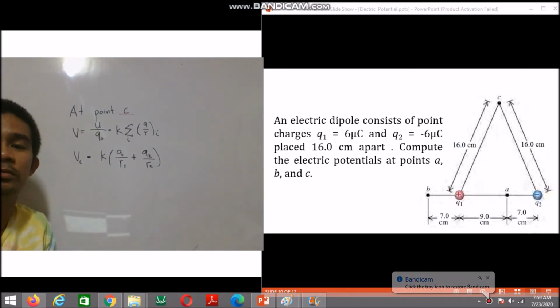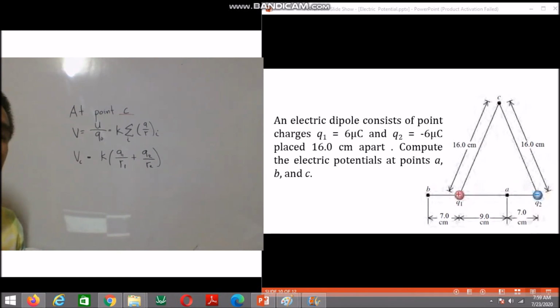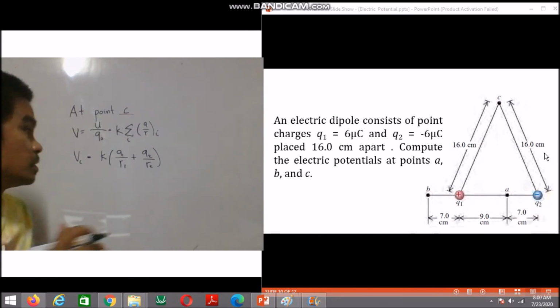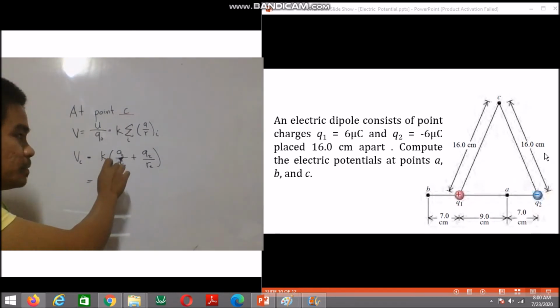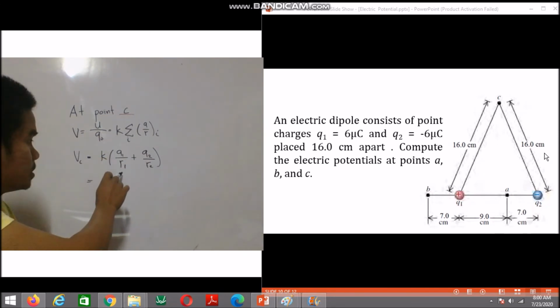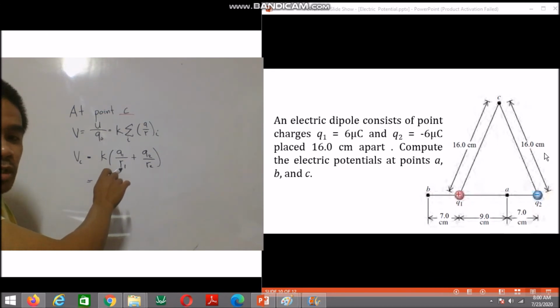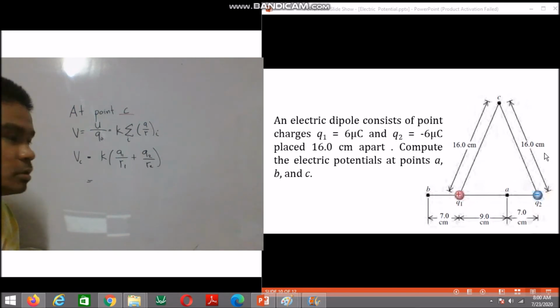So next is to compute the electric potential at point C. Point C is 16 cm from Q1 and also 16 cm from Q2. So the electric potential at C is Coulomb's constant times Q1, the charge of particle 1, over how far is point C to Q1, plus charge 2 over how far is point C to charge 2.